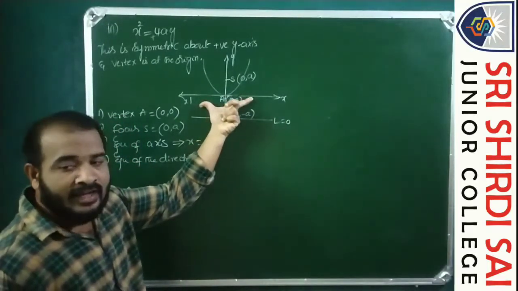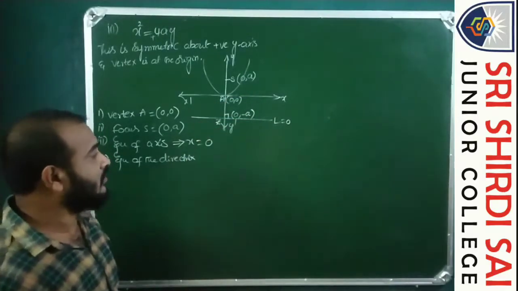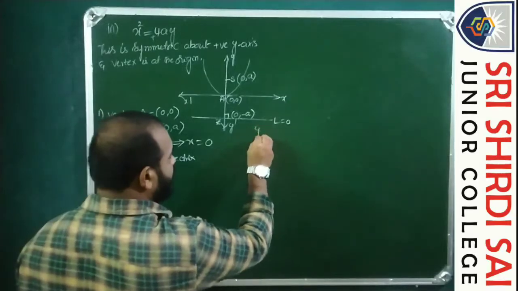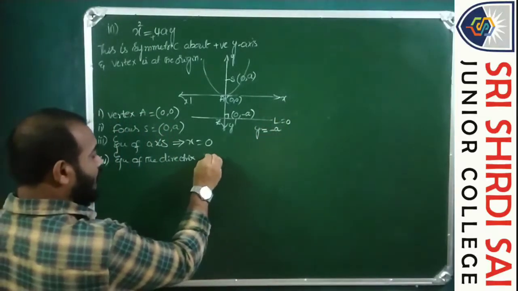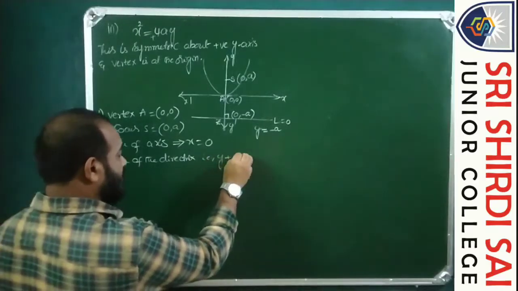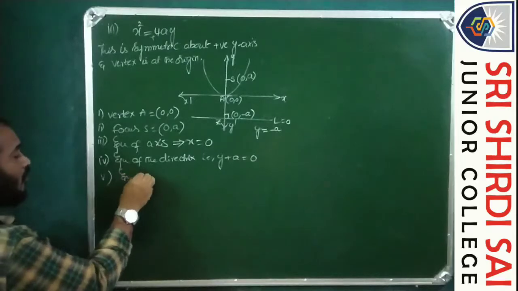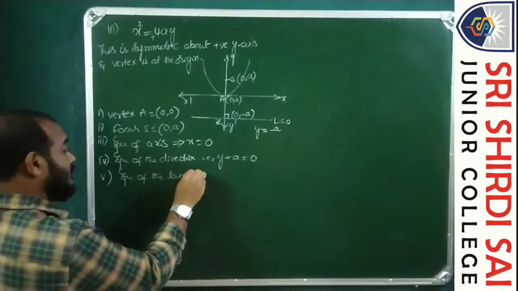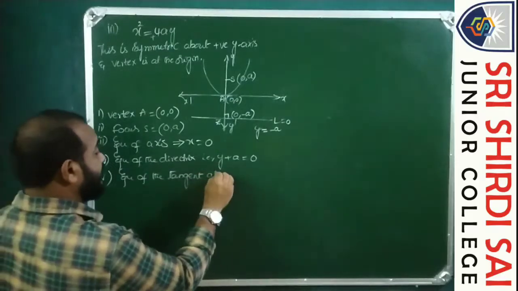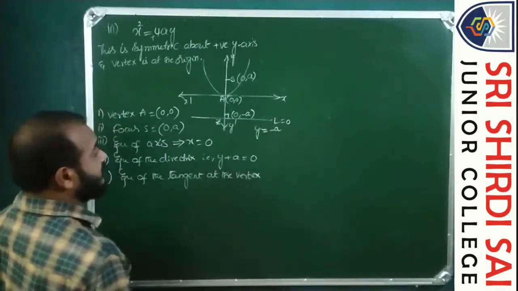Any line parallel to the x-axis is of the form y equals something. So this is y equals minus a, that is y plus a equals 0.